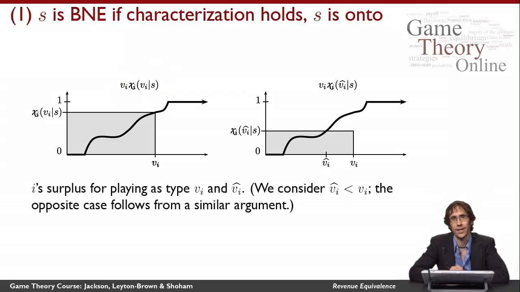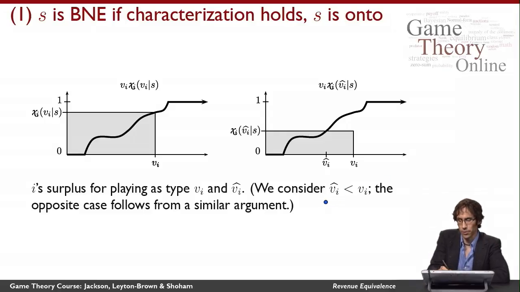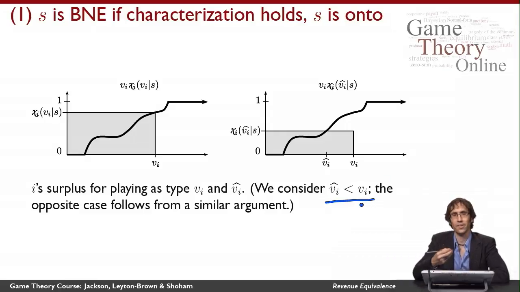What about in the case where he doesn't tell the truth to himself? Well, for this proof, I'm going to assume that the agent is considering reporting a lower type than his true type. I'll leave it as an exercise for you to do the reverse proof where he considers reporting a higher type, but it's very much the same argument. So it should be easy for you to check your understanding by trying to run the proof the other way.